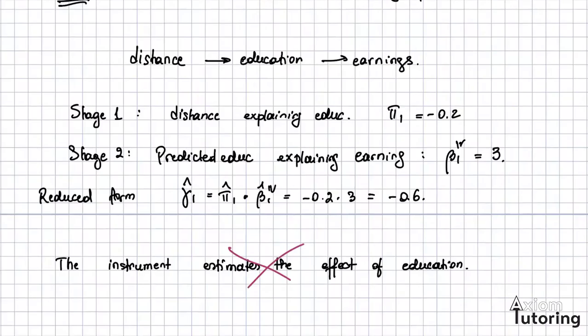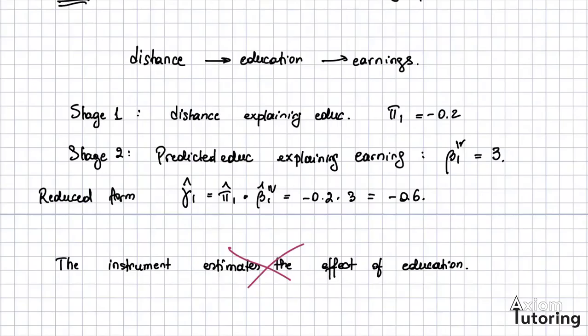What the instrument does is it creates clean variation in education, variation that is free from the endogeneity problem, okay? So then 2SLS uses that clean variation to estimate the causal effect. So the instrument is the source of identification. 2SLS is the estimation procedure, and that's how you get to have your final results, which are causally interpreted if you have picked the right instrument, okay?